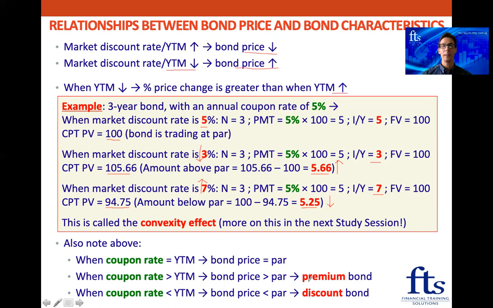Now the price is above par, like we see above. It's a premium bond. And lastly, if the coupon rate of 5% is below the yield to maturity, or market discount rate, of 7, then the bond price is below par, and we call that a discount bond.